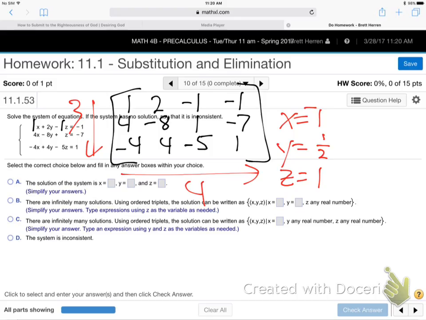This one was, what was the original question? 2x plus y equals 6 and 10 plus 5y.